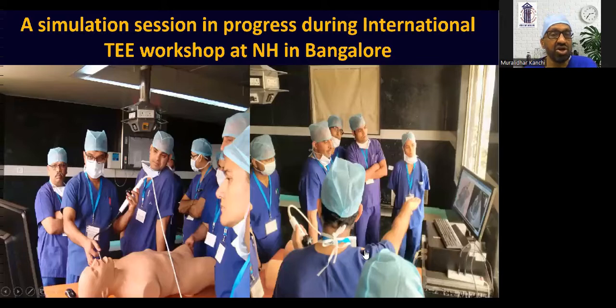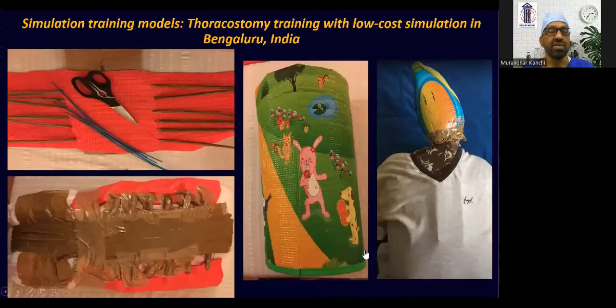This is a simulation session in progress during the International TEE workshop at NH in Bangalore, which we conduct annually in the month of August. We also conduct National Mechanical Ventilation, Hemodynamic and ECMO workshops. In this workshop, in the year 2017, we devised an indigenous model for the chest tube, where the candidate can learn and feel how the chest tube goes in, in a case of pneumothorax.